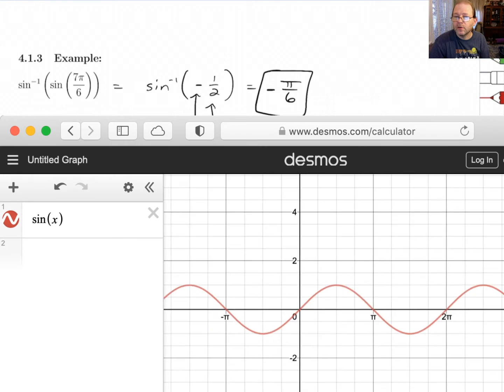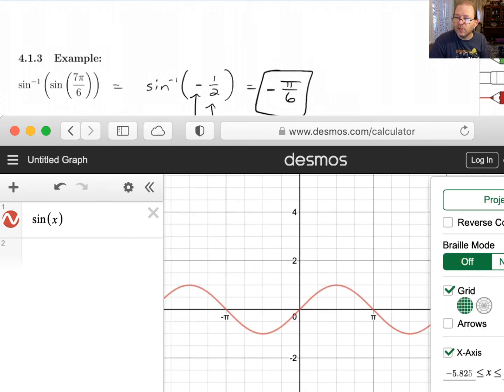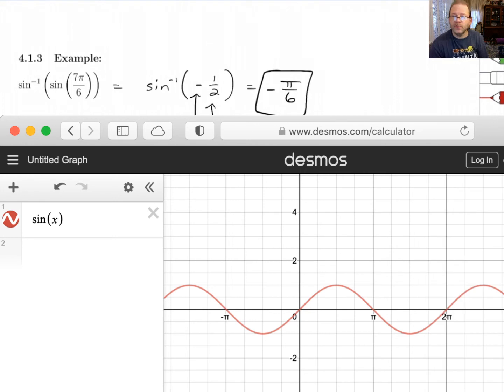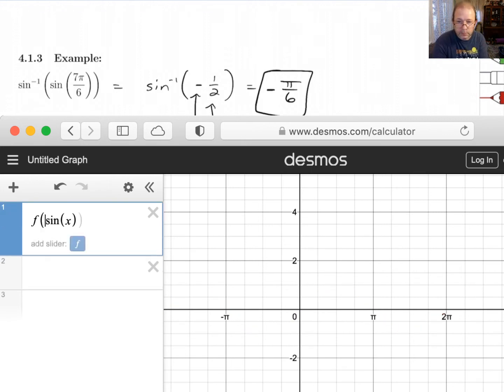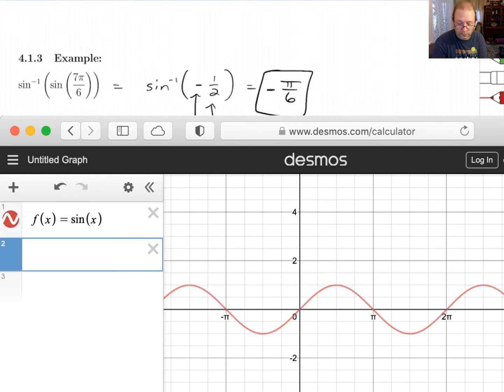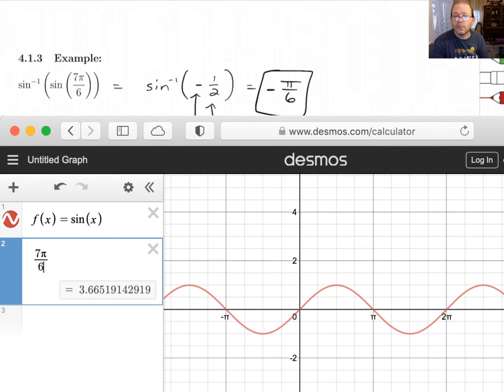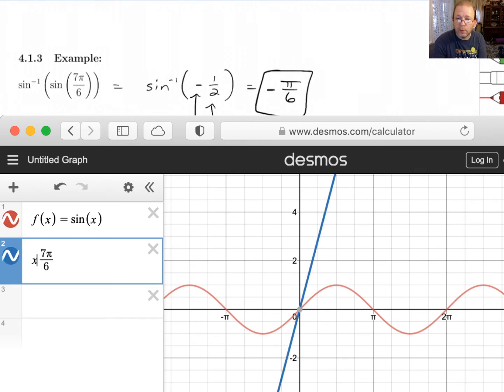I'm going to make this into pi over 6 so that it kind of forces it to give me, well, okay, it didn't force anything. But I'm looking at 7 pi over 6. Let me put in x equals.